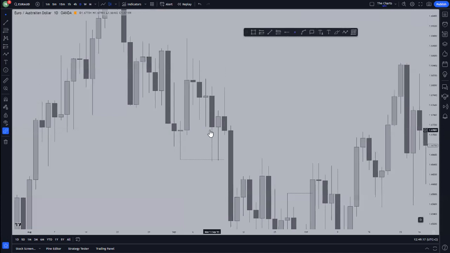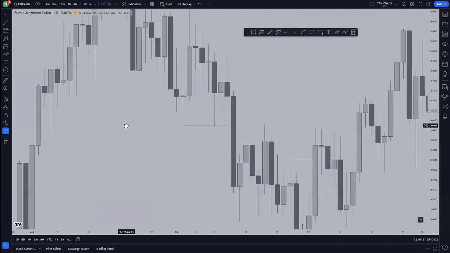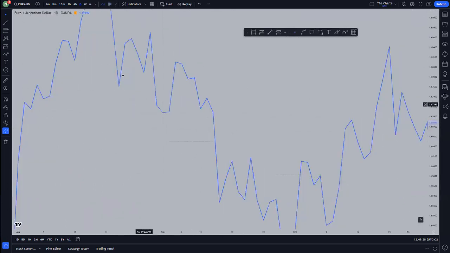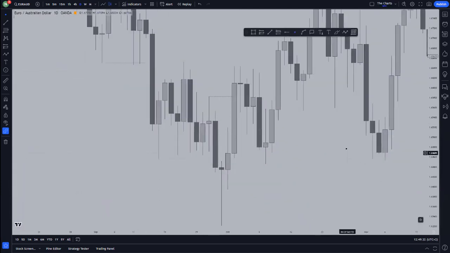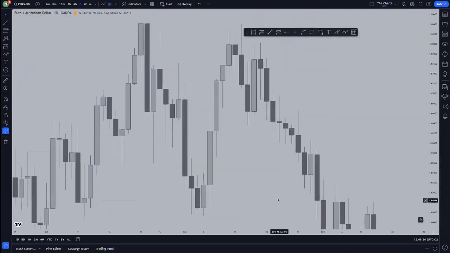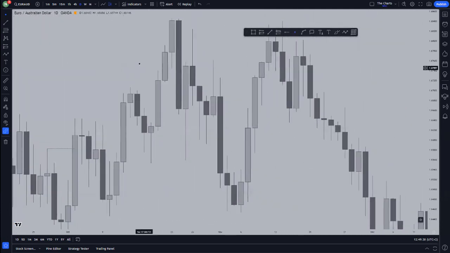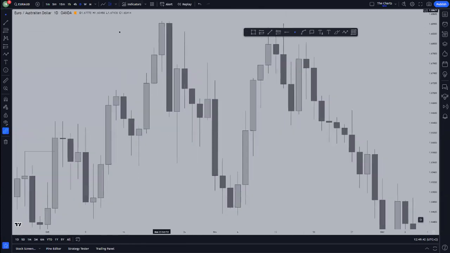Let me show you the one that you should never consider. We can see that on this one the market swept that low. Even though the market did not close below this one, it is a good break of structure. So the next one that you would see is something like this right here.